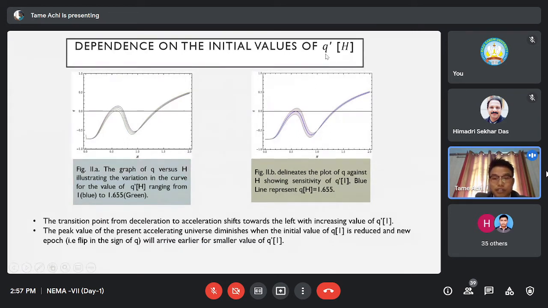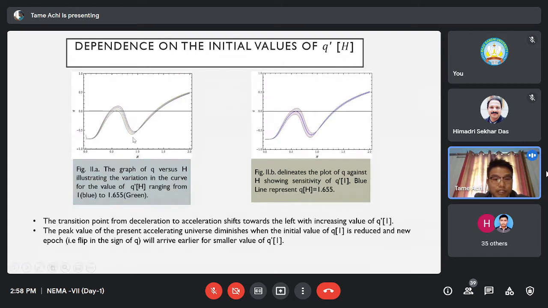Also, for the other initial value, that is Q prime, we have varied the value from 1 to 1.655, and all the other parameters and initial values are kept similar to the first figure. So again, we can see that there is a variation in the nature of the curve, and the transition point from deceleration to acceleration shifted toward the left when we increase the value of Q prime.